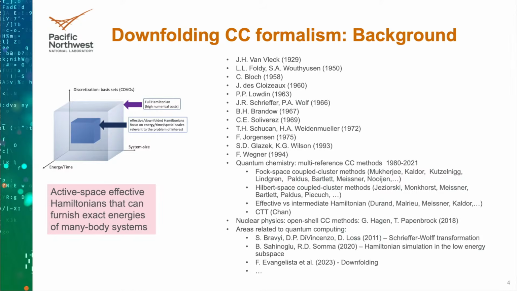This is kind of the first attempt to do so, which was followed by many, many developments, not only in chemistry, but also in material science and physics. This list is far from being complete, but really intense development of those techniques happened in chemistry starting from the mid-70s.